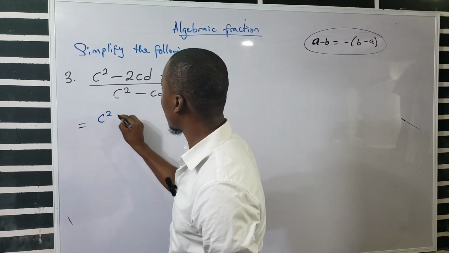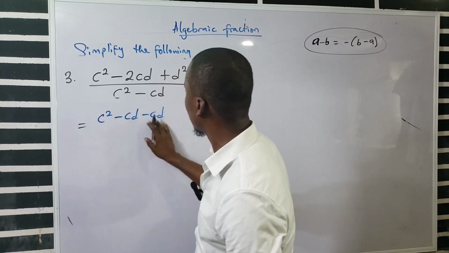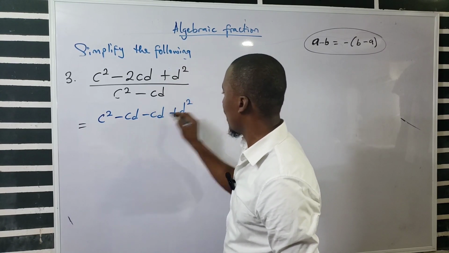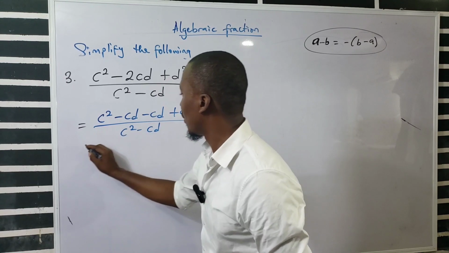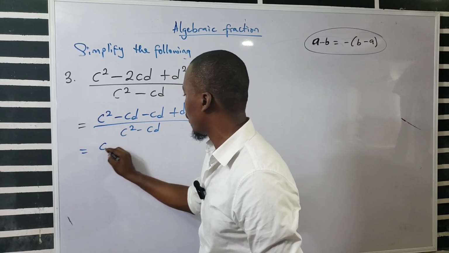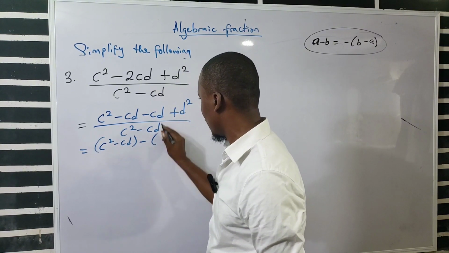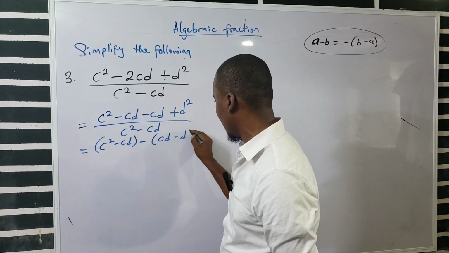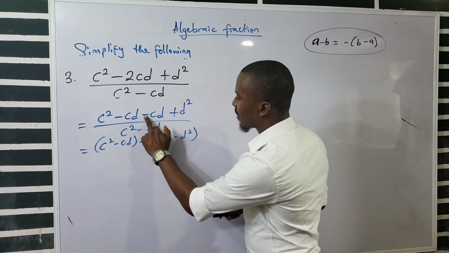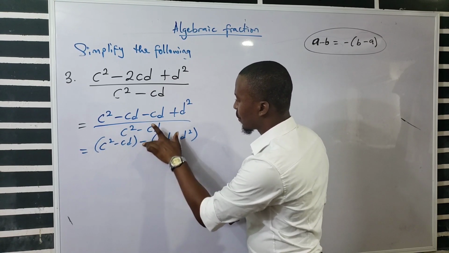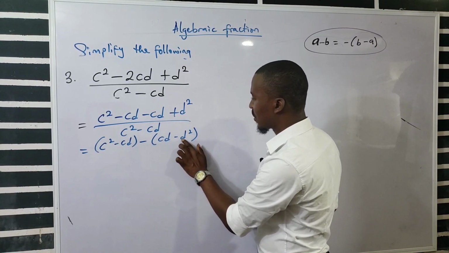Here we are going to have c square minus cd minus cd plus d square all over c square minus cd. These two will give us c square minus cd minus cd minus d square. What has happened there is that I have factorized minus out. So this one is now plus cd, and this one is now minus d square.